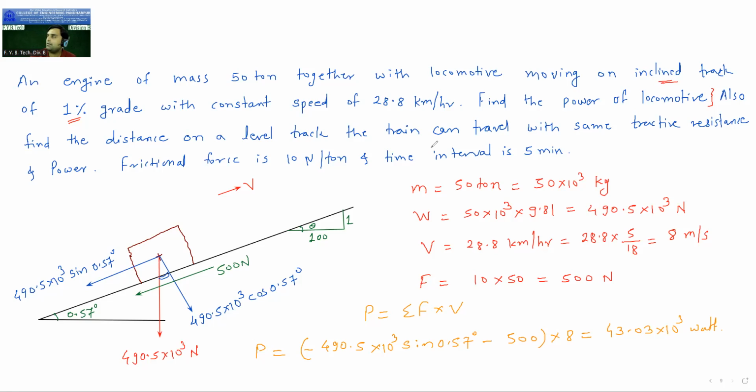So now next part is also find the distance on level track. So distance level track म्हणजे आता हीच जर ट्रेन जर level track वरती घेतली. Now the same train is there on the level track, and what distance it will travel, that displacement we want to calculate now.